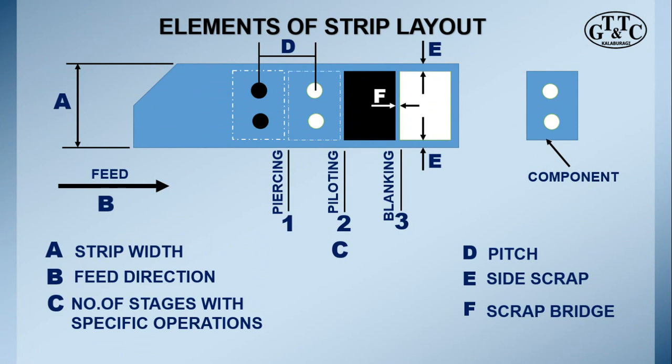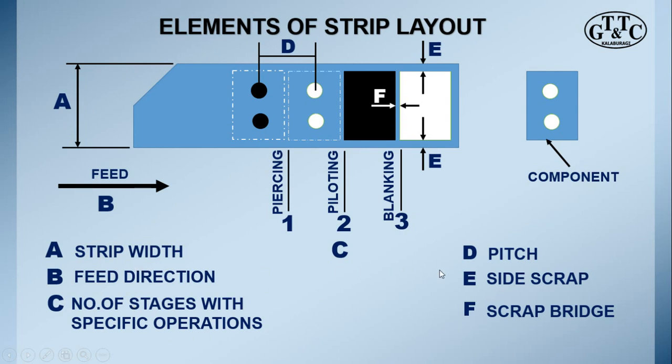And then we come to the elements of the strip layout. It's very important for a tool maker to understand all the elements of the strip layout completely. Here on the screen you can see a strip layout, and a component is shown here, and the elements have been highlighted.